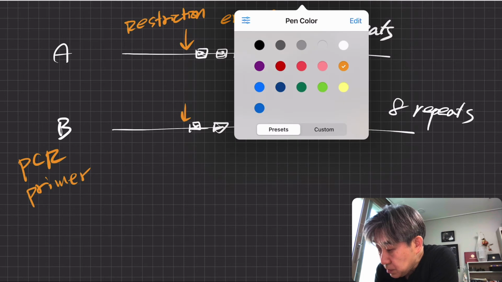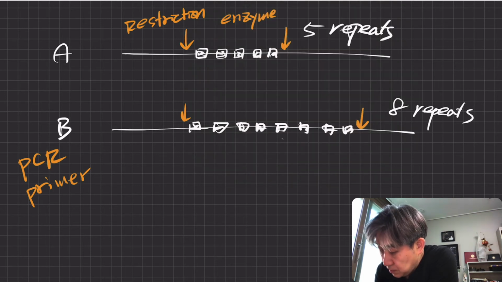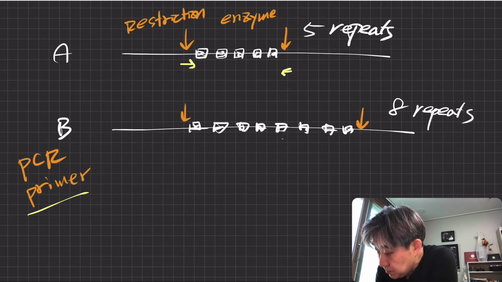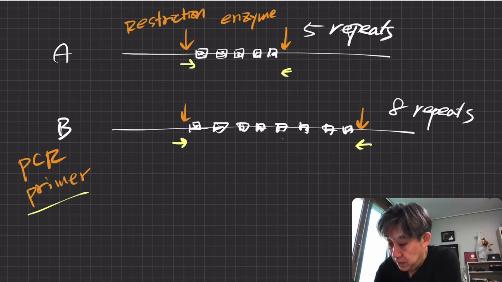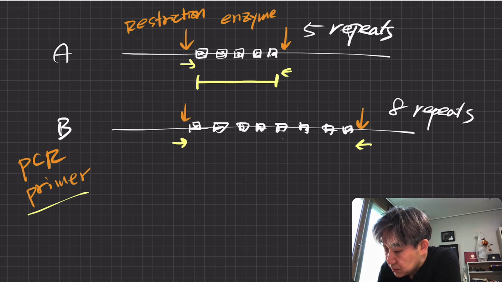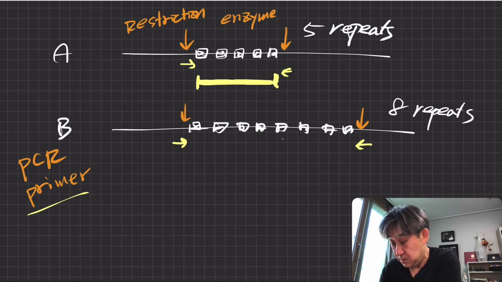PCR primer in yellow, having this area, and a PCR primer having the complementary sequence with this area, and then the PCR reaction will generate this amplified region of DNA over here like this.